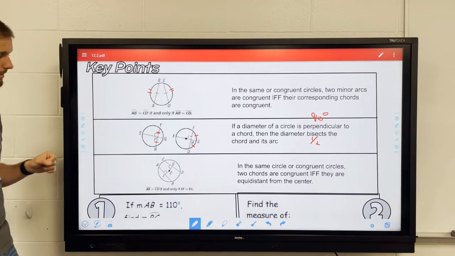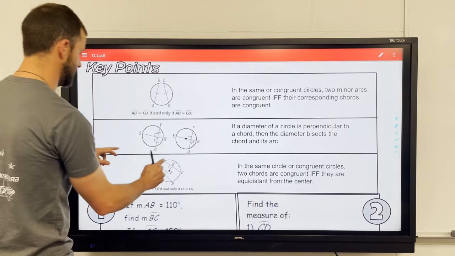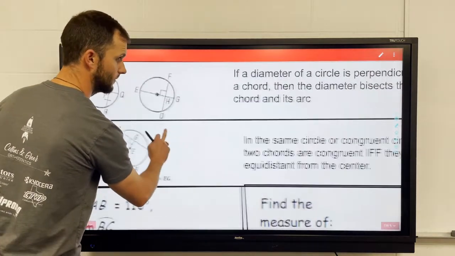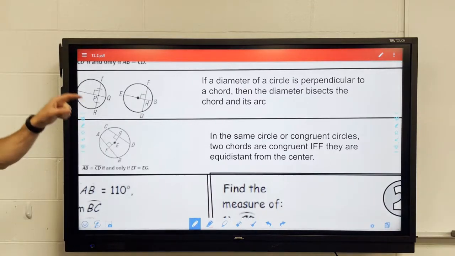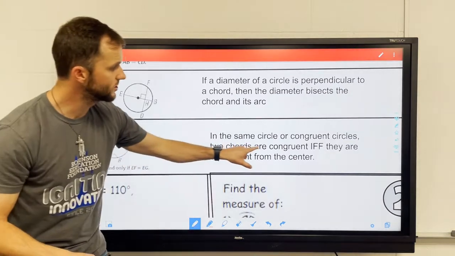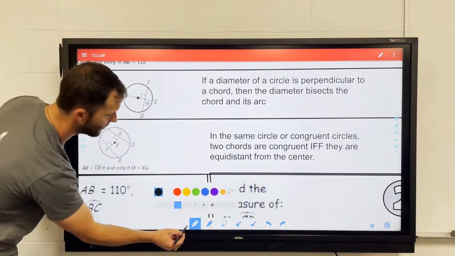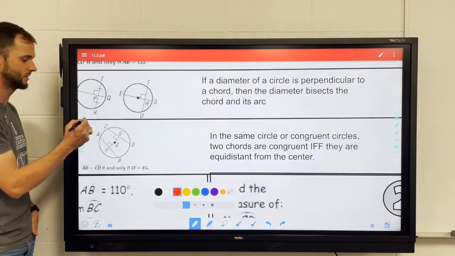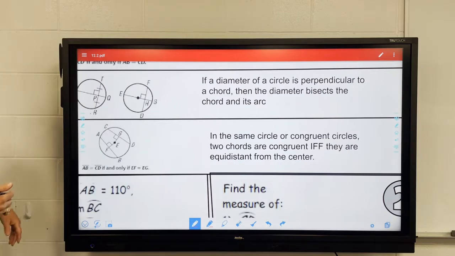Lastly, I'll zoom in a little bit more on this one so you can see it. It says in the same circle or congruent circles, two chords are congruent if they are equidistant from the center. What does equidistant mean? Equal in distance. It's pretty self-explanatory.